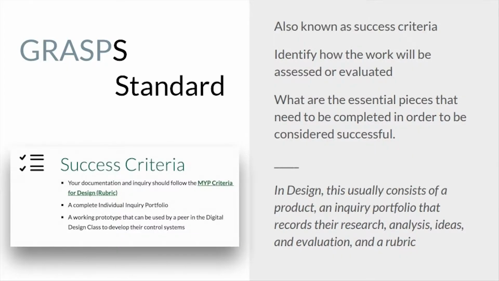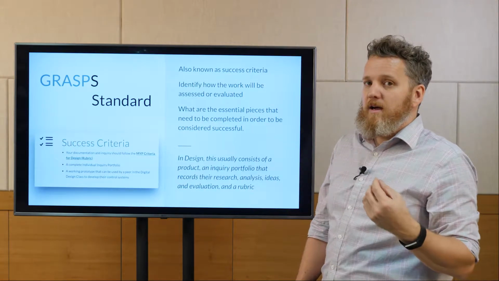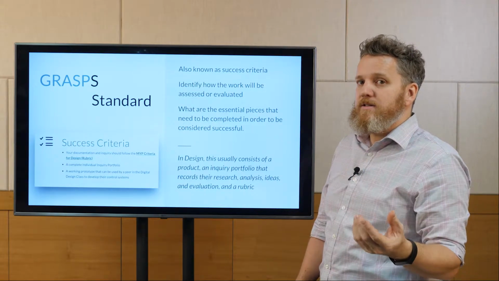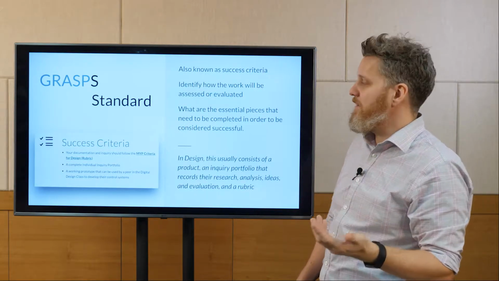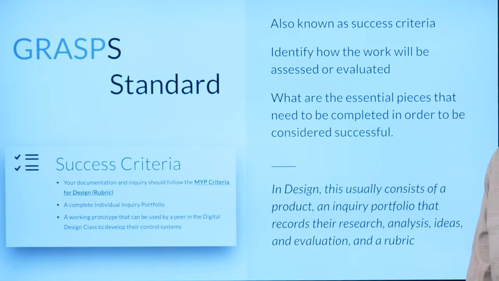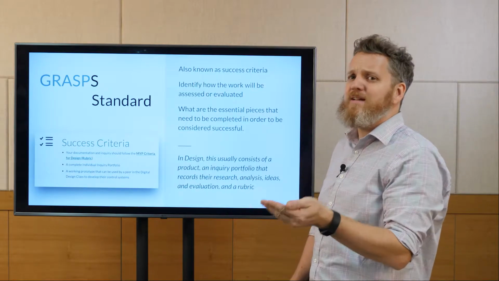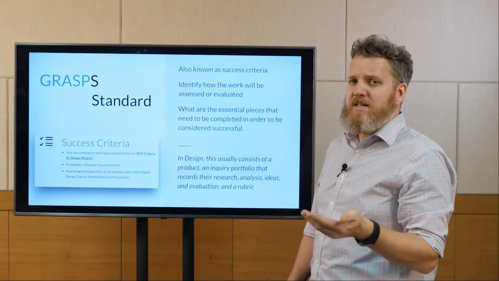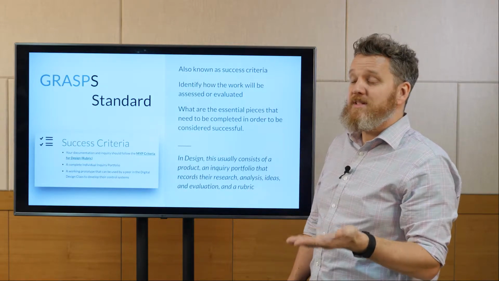Okay. Lastly is the standard, which is related to the rubric, and this is making it clear to the students how they're going to be assessed and what the standards are that are expected. In our case, in design, we're almost always being assessed against the standard design rubric, but there might also be some specific things that the student needs to do in order to meet the minimum level of success.